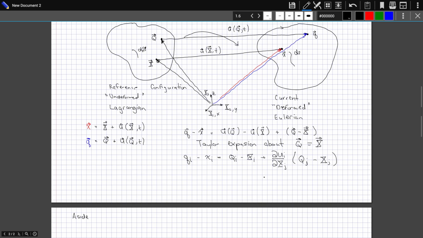That's just the first term. Then plus partial squared Ui over partial Xj partial Xk, times Qj minus Xj, times Qk minus Xk.